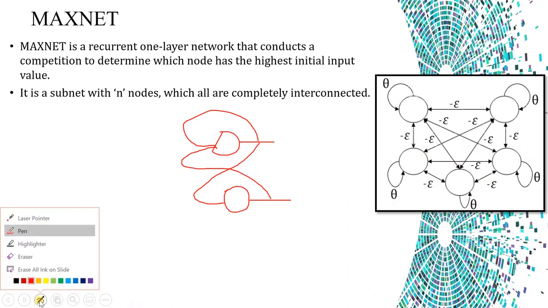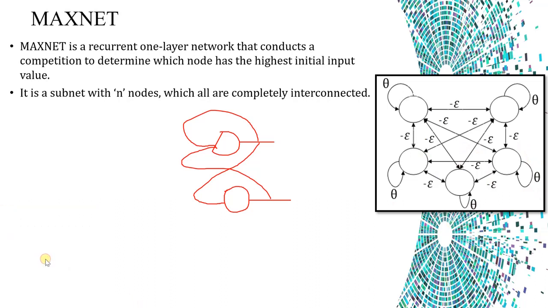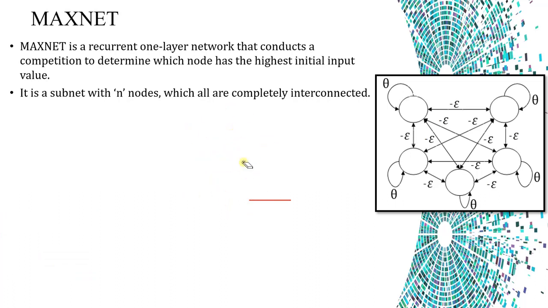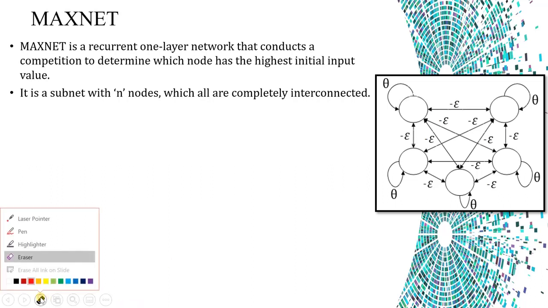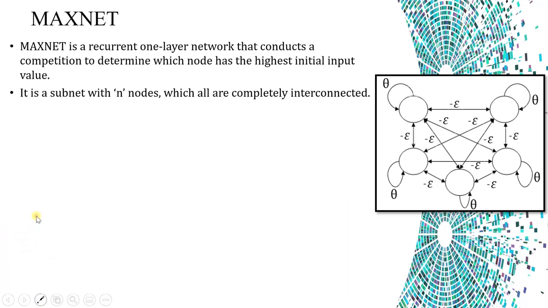So it is a sub-network. When I say it is a sub-network, it will be getting its input from some other network, and it is only a part of a network, or a layer of a network, and that layer of a network is called Maxnet.